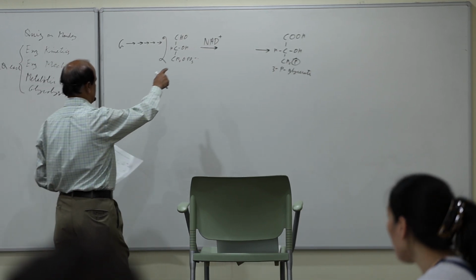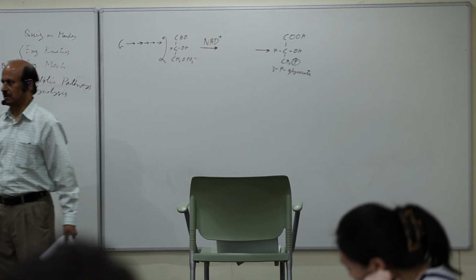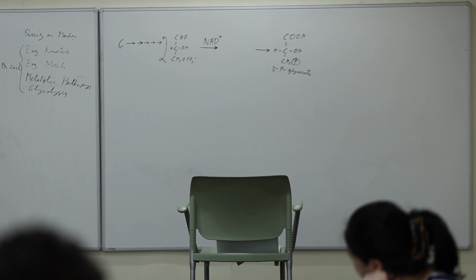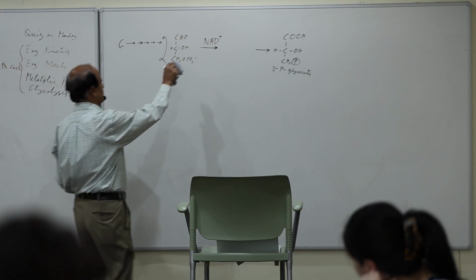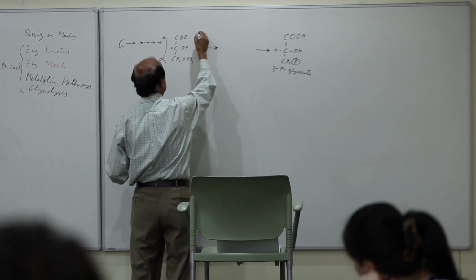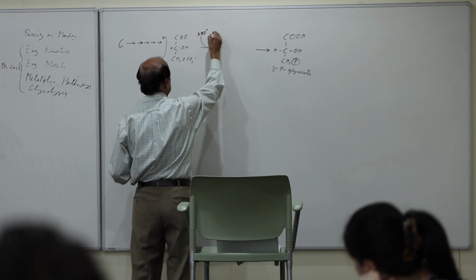So NAD is the oxidizing agent, so it will get converted to NADH. So if you want, as I mentioned, usually these reactions are written above the arrow as a reaction. So instead of writing just NAD, you can write it this way, that NAD gets converted to NADH.